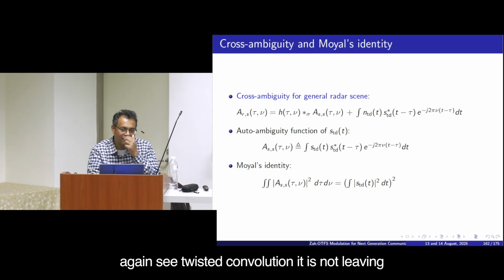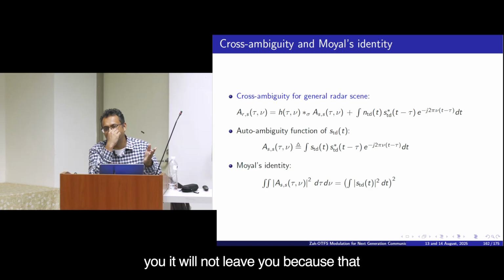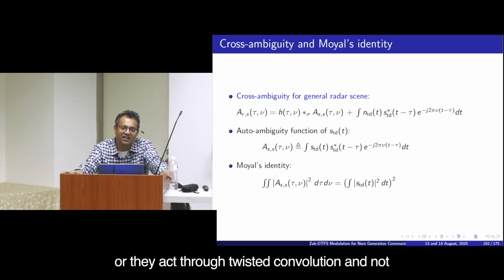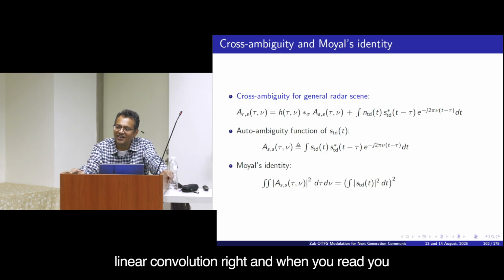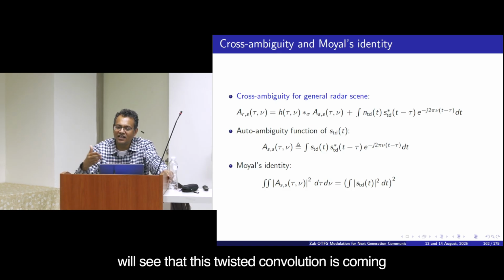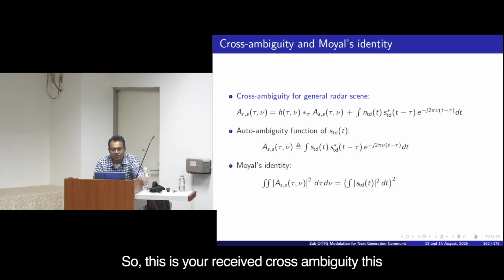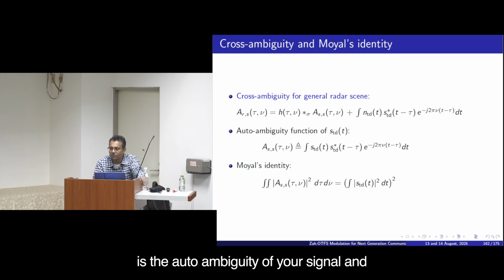So, you again see twisted convolution, it will not leave you, because that is how doubly spread channels behave. They act through twisted convolution and not linear convolution. When you read, you will see that this twisted convolution comes very naturally, it comes out of nowhere.